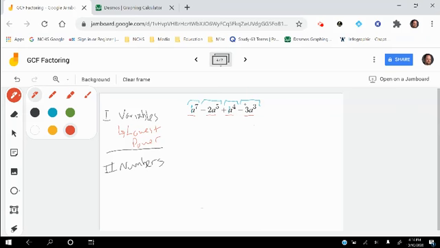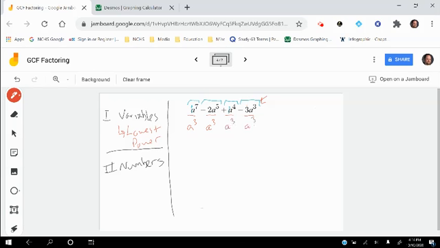So we're going to look at which power of a is the lowest. Now remember, if you don't see a power, it's a power of 1. But notice my lowest power is right here with an a cubed. So I'm going to say a cubed, a cubed, a cubed, a cubed.